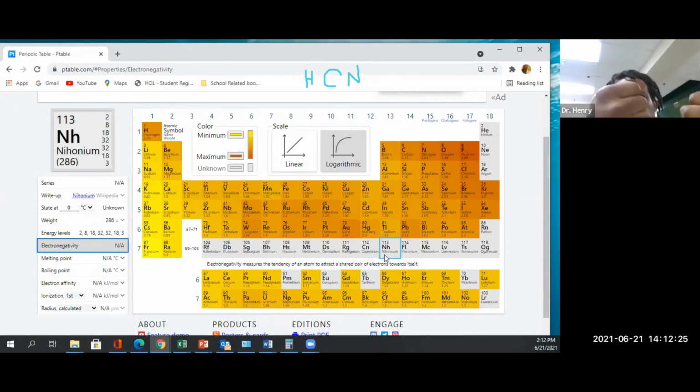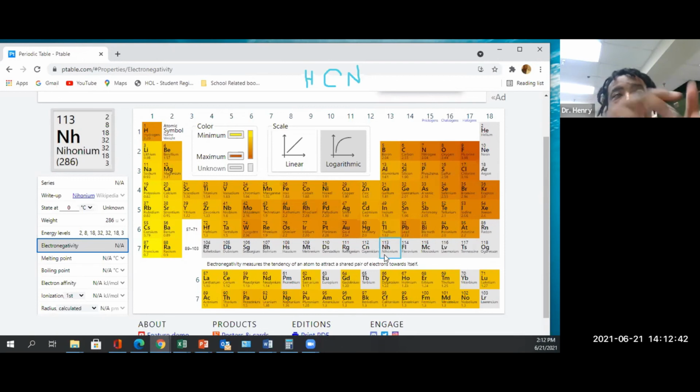So you're pulling it towards yourself, so that when you're sharing, it favors you and not the other partner. The higher your electronegativity is, the more you're pulling it towards yourself. The weaker your electronegativity is, the less you're pulling it towards yourself.